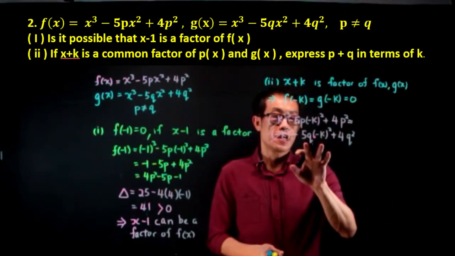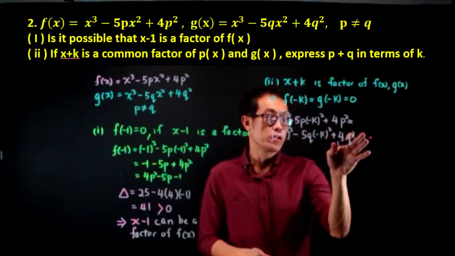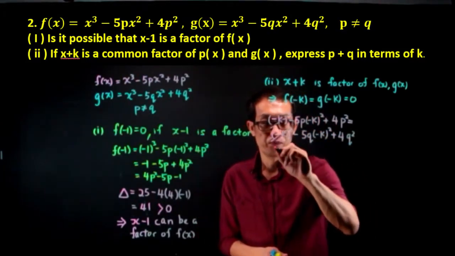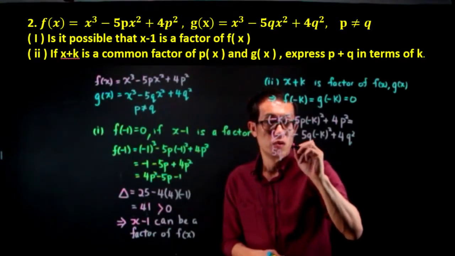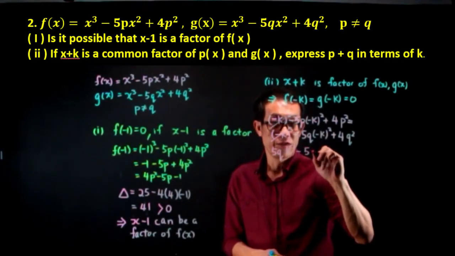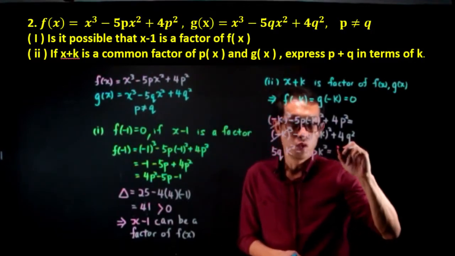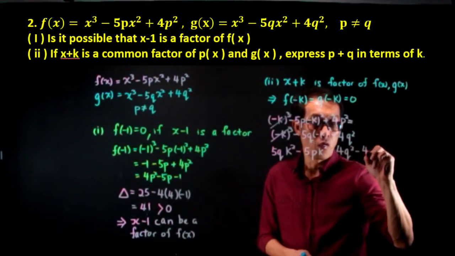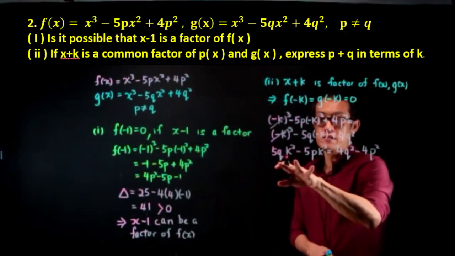Now these have the k, so maybe we can bring it across, and those without the k, we can bring to one side. So you have 5q k squared minus 5p k squared will be equal to 4q squared minus 4p squared. Okay, do you see something?